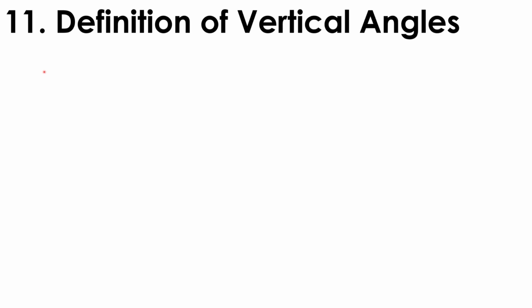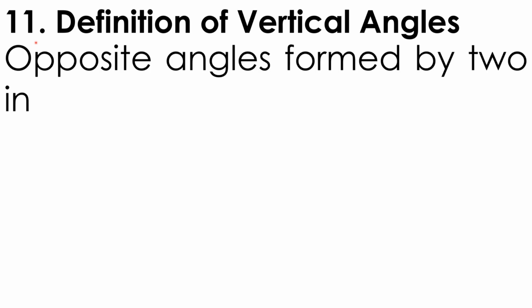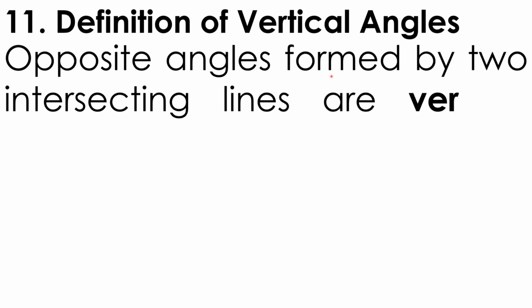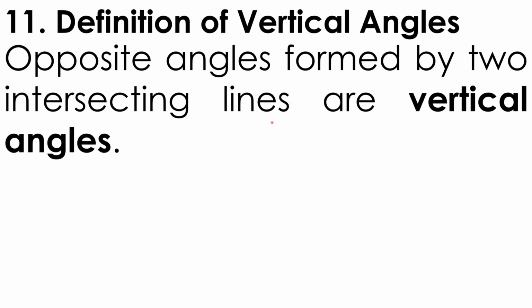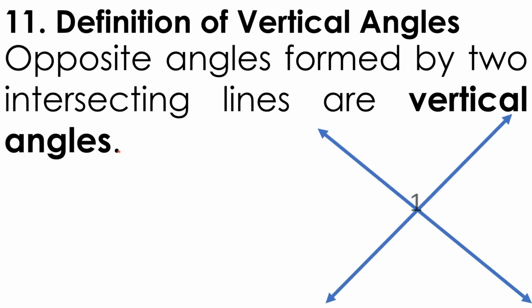Now let's proceed to the 11th definition, which is the definition of vertical angles. Opposite angles formed by two intersecting lines are vertical angles. So we have here the figure. That is angle 1, angle 2, 3, and 4.